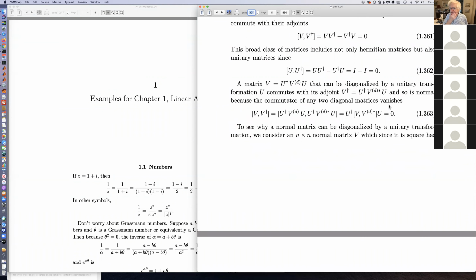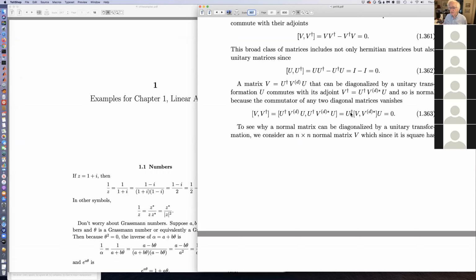A matrix that can be diagonalized by a unitary transformation clearly commutes with its adjoint, and so is normal. Because if you take V, that's U dagger V diagonal U, and V dagger, that's U dagger V diagonal complex conjugate U. No matter how you write it, one way or the other, the U dagger cancels on one side, in one term or in the other, or in both terms.